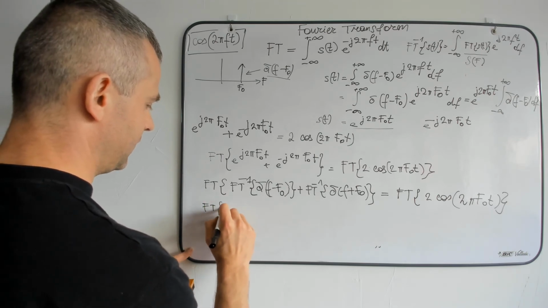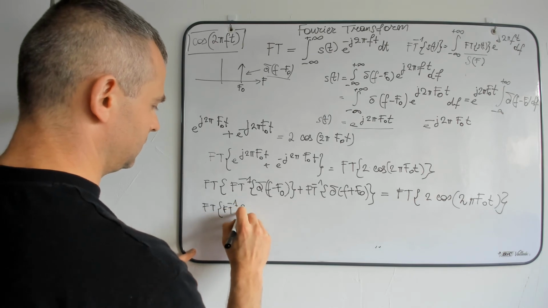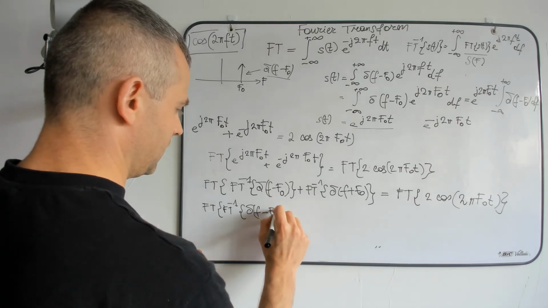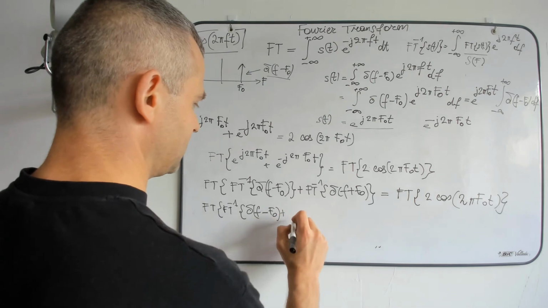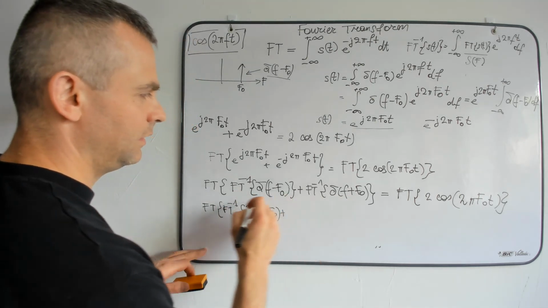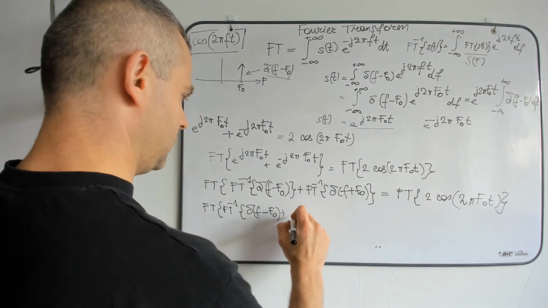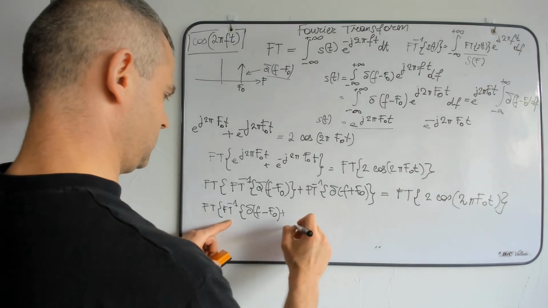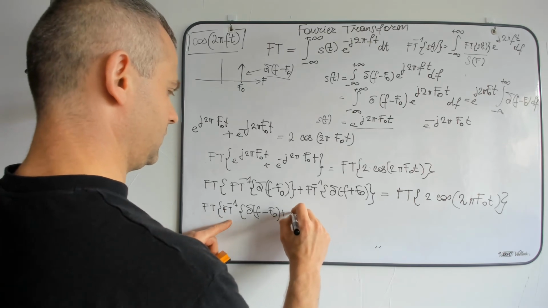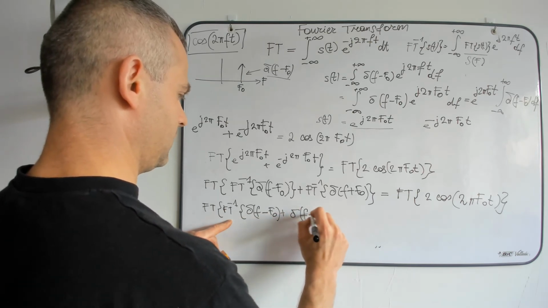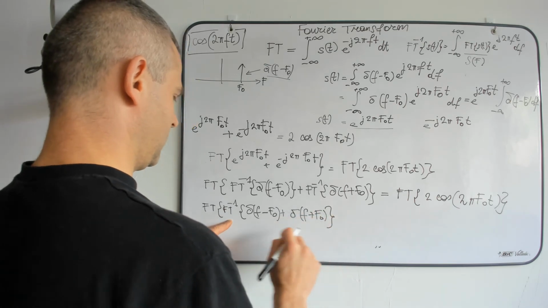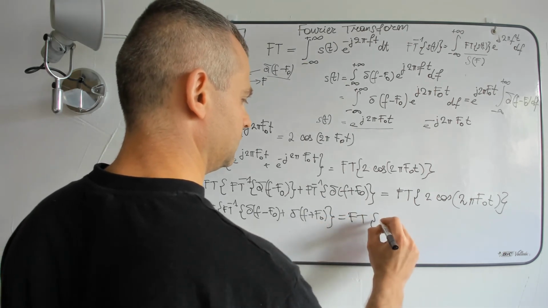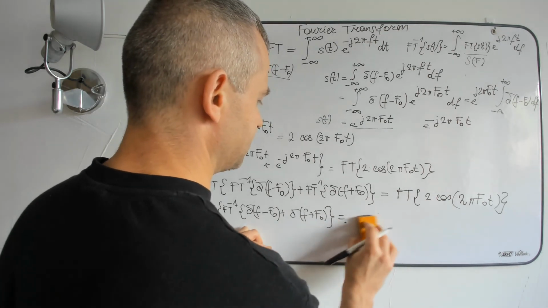So I can write here FT of FT^-1 of delta function minus f0 plus, because they are linear, FT of FT^-1 of delta function plus f0 is equal to 2 times the Fourier transform.